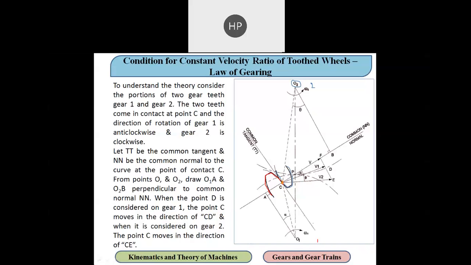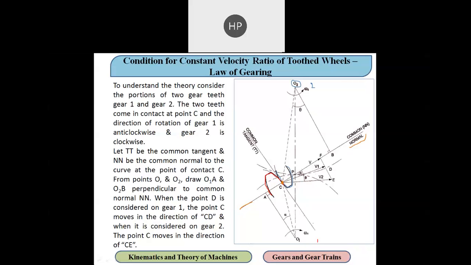Now we have drawn a normal line NN, the common normal NN, which is passing through point C.